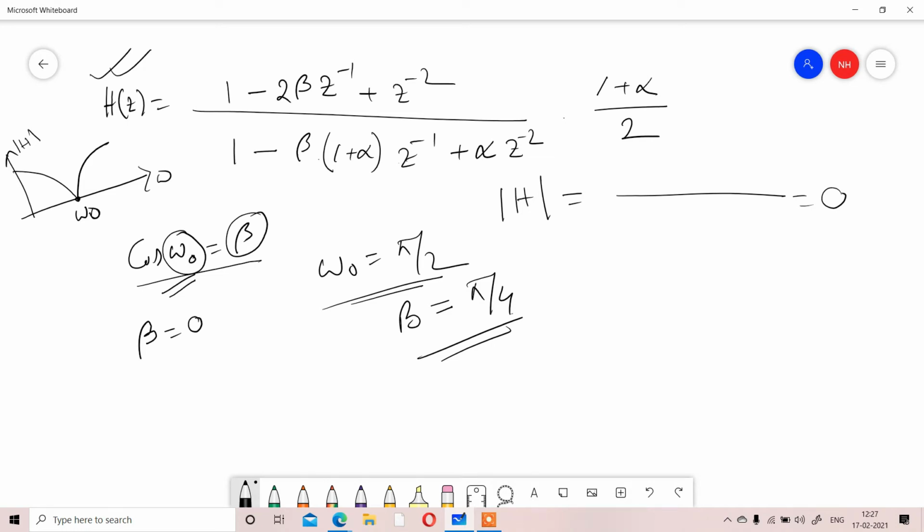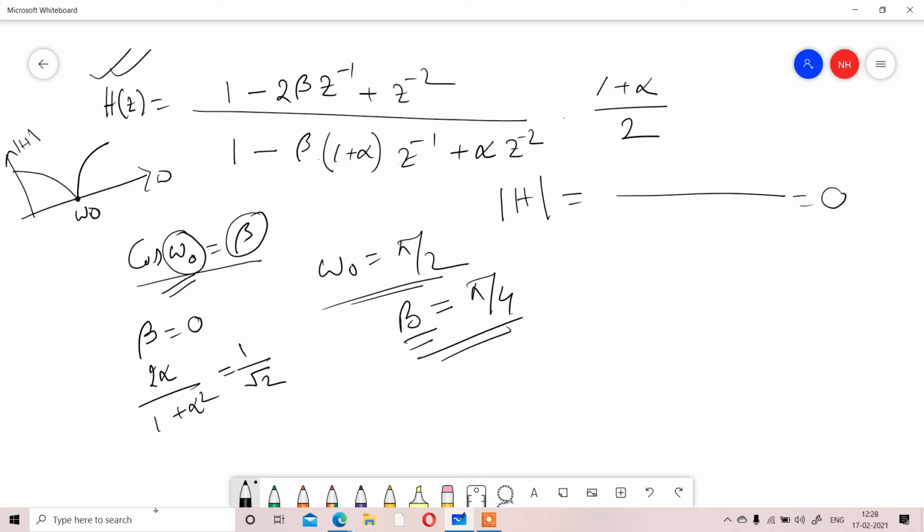And b is called the bandwidth. You know the value of bandwidth is 2 alpha by 1 plus alpha square, that is equal to 1 by root 2.